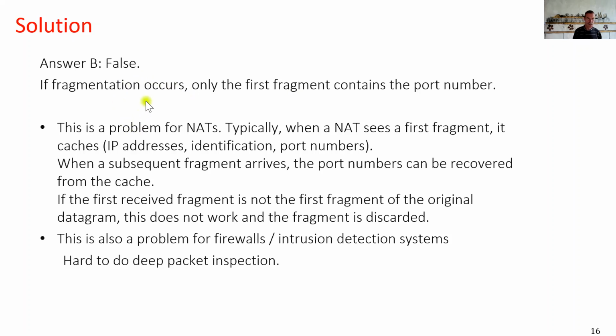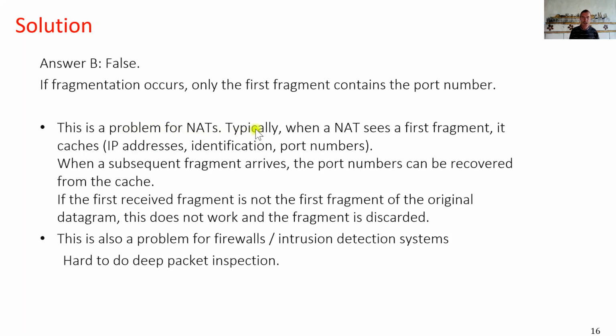So if the host fragments, then the packet will simply be discarded by the NAT. And with some NATs, there will be problems, which is again an illustration of what happens when you violate the architecture, whatever the architecture. I mean, fragmentation is part of the architecture. It's a bad idea, but it's part of the architecture. The NAT is an afterthought. That's a hack. And if you start using a hack, then there are things that don't work well together.